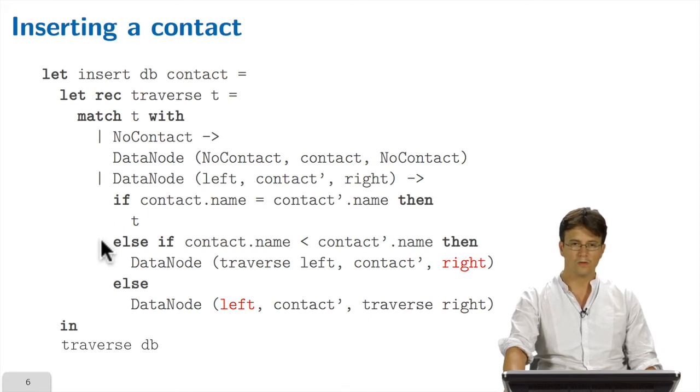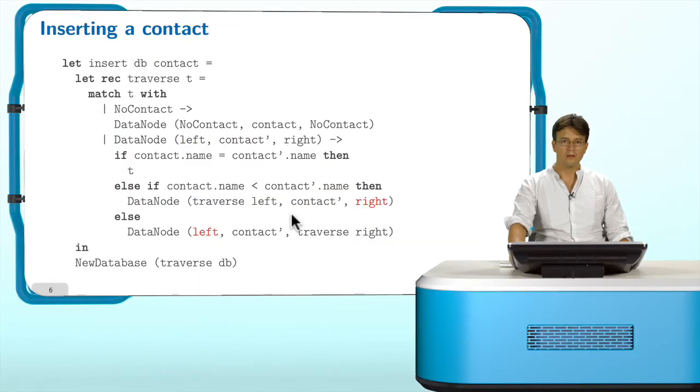If now the contact name is smaller than the contact on the node, then we know that we have to insert this contact on the left of the tree. And we can reuse the same tree on the right. So we have the same tree on the initial database and on the output database.